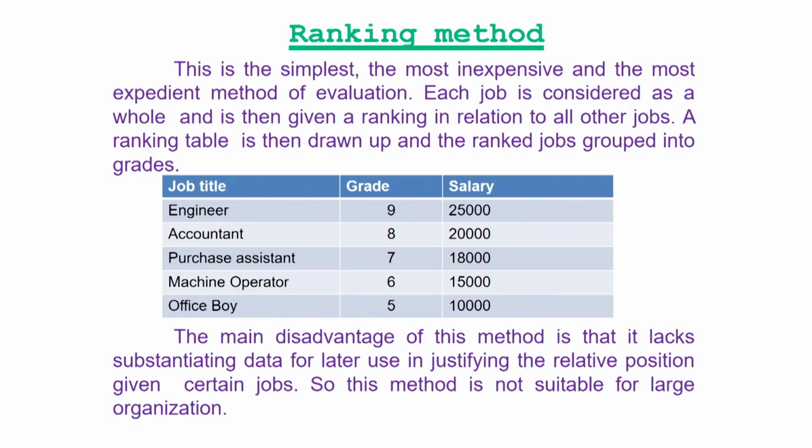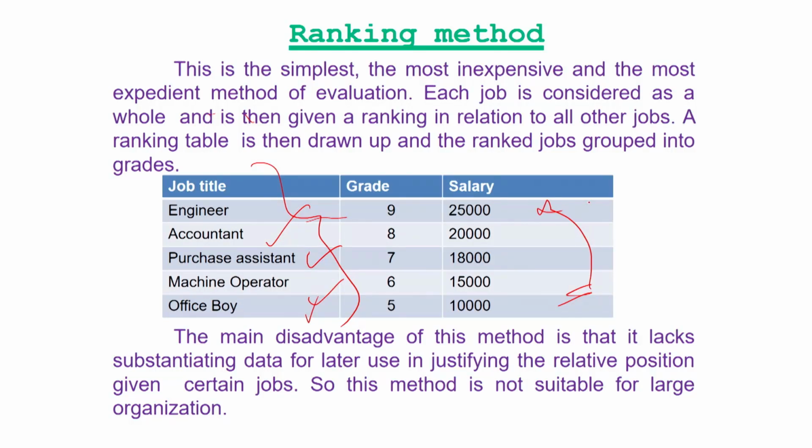As you can see, the ranks have been given: for example, engineer, accountant, purchase assistant, machine operator, office boy. Naturally, it depends on the importance of the kind of job the person is doing, and then of course the salary also. Naturally, the salary of the office boy cannot be equal to the salary of the engineer.